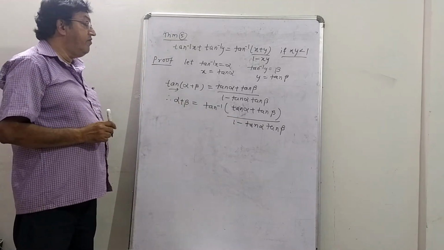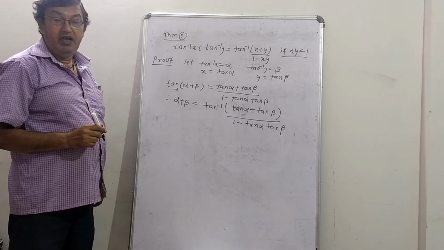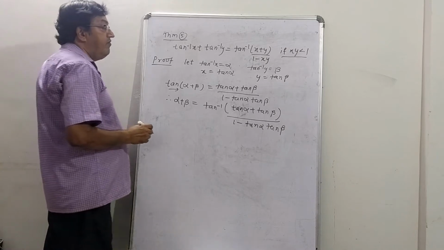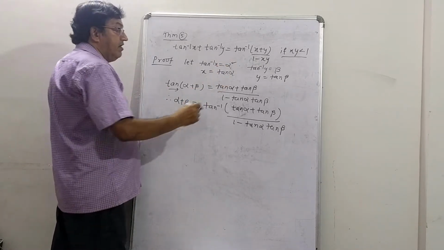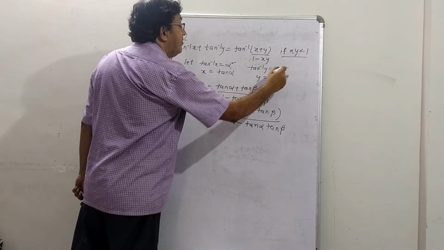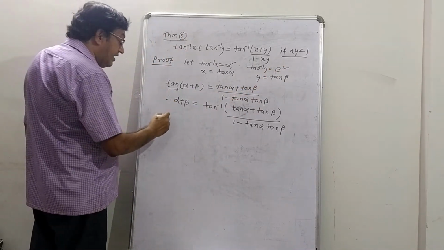Now we will substitute for tan alpha, tan beta, alpha and beta. What is alpha? Alpha is tan inverse of x. What is beta? Beta is tan inverse of y. So what is your left hand side?